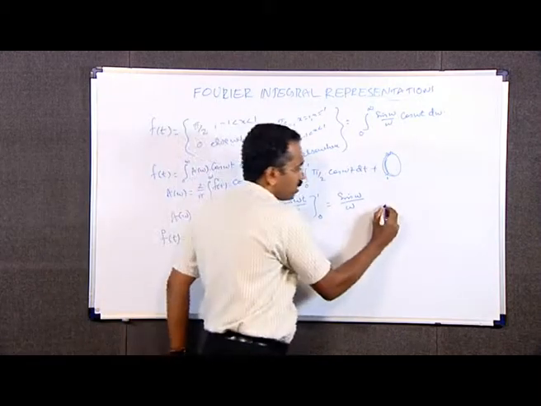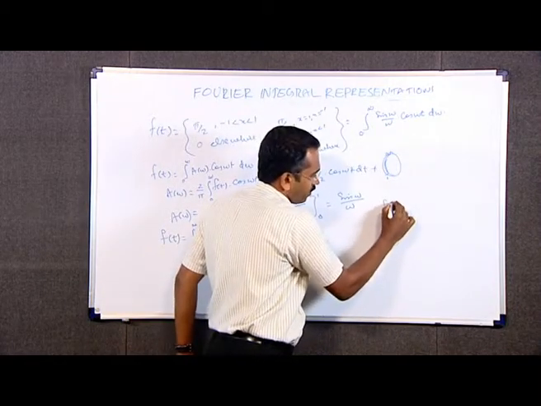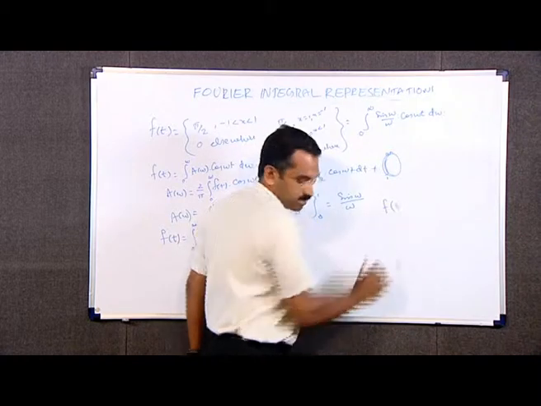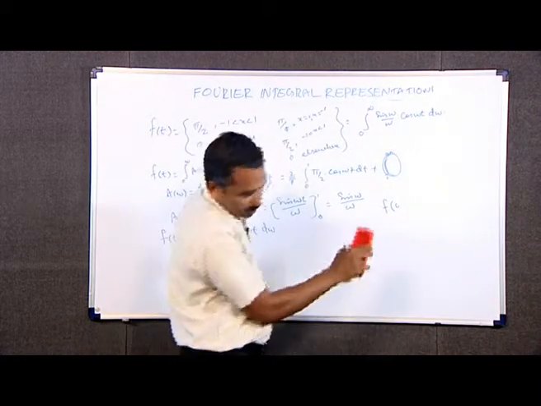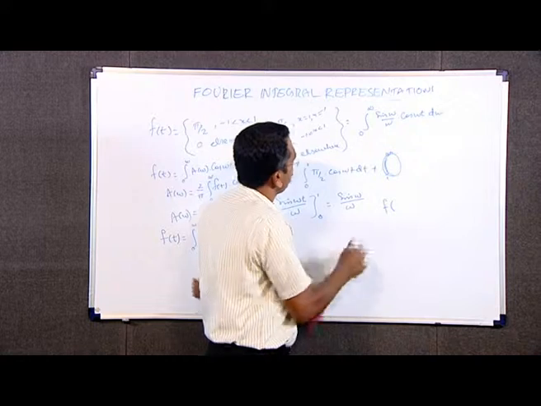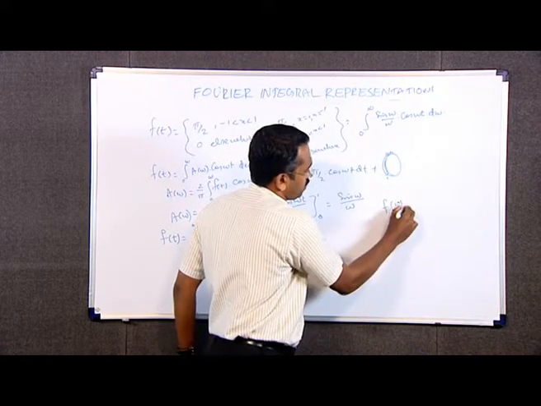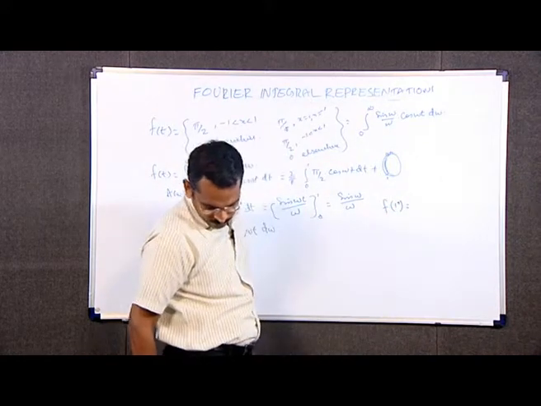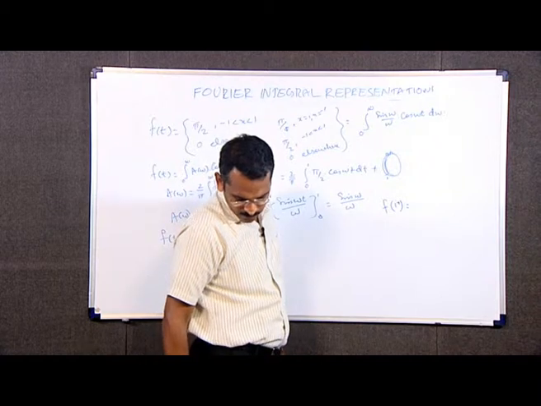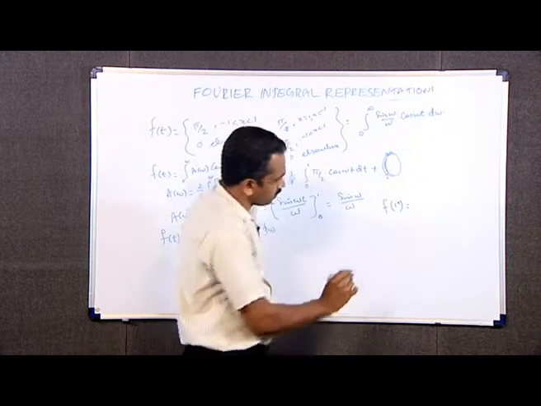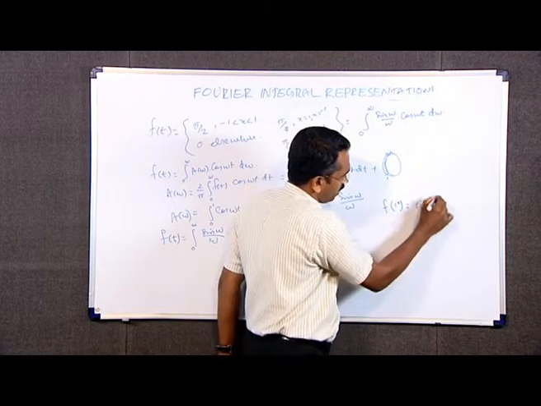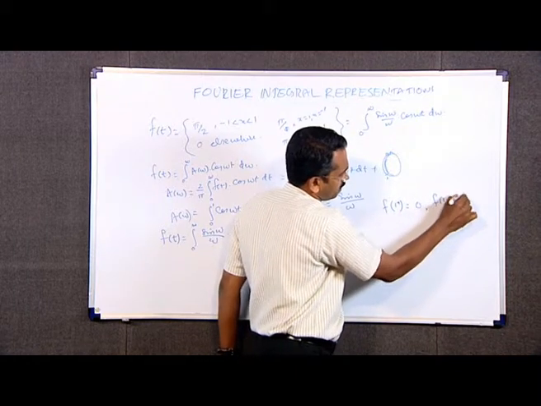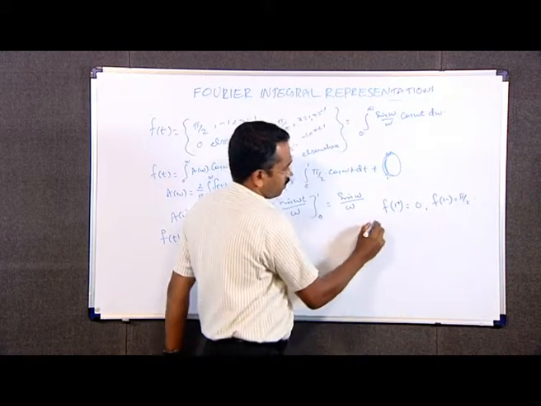At x equal to 1, the right hand limit f of 1 plus is equal to zero, and f of 1 minus is equal to pi by 2.